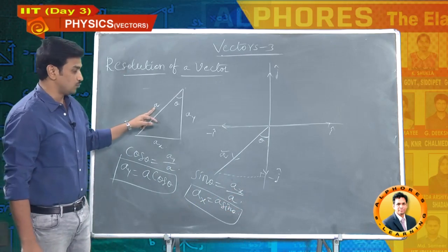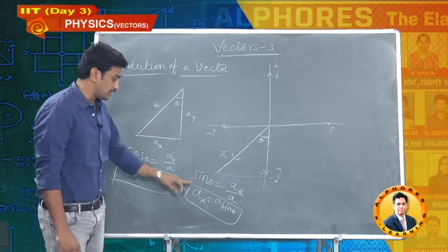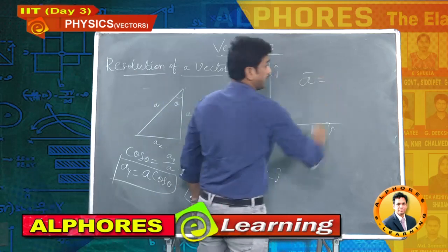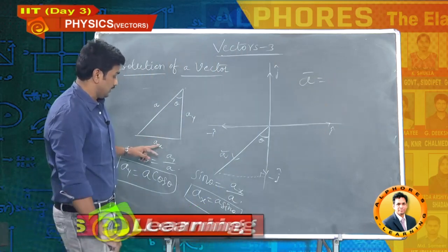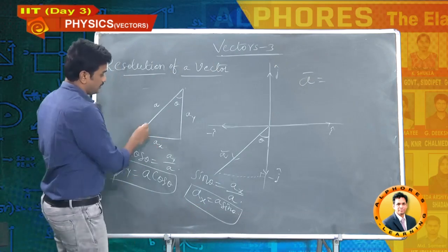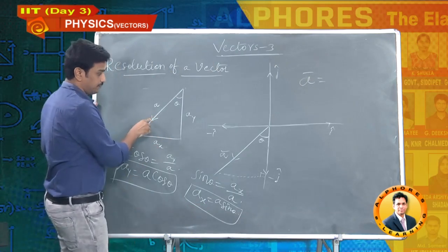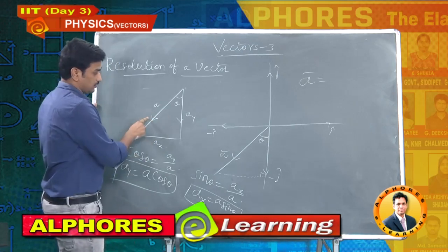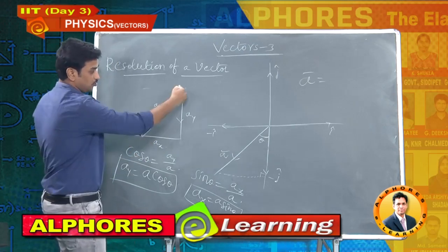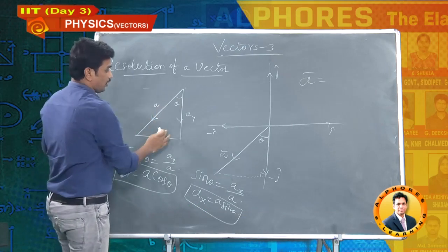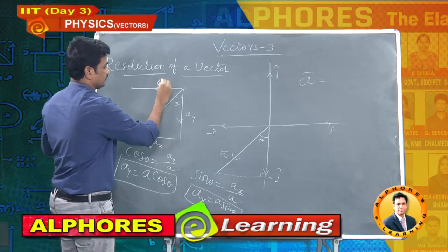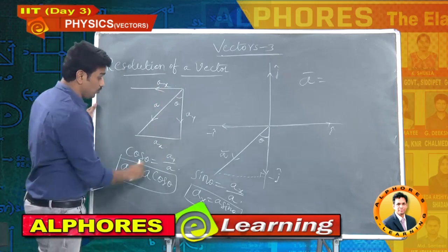Now the two components of this vector we have already calculated. Now A bar, the acceleration, is Ax plus Ay. See here, the vector is going away, so the components also go away in the same direction.